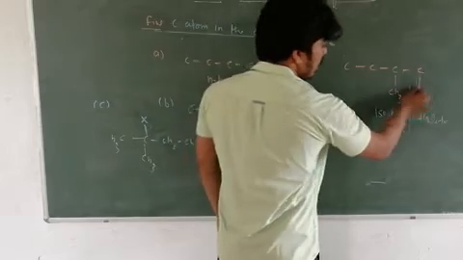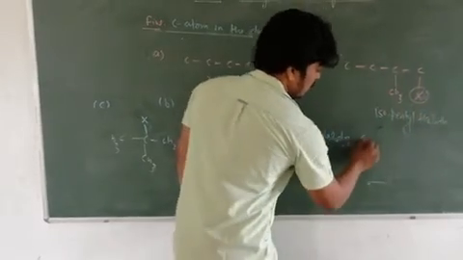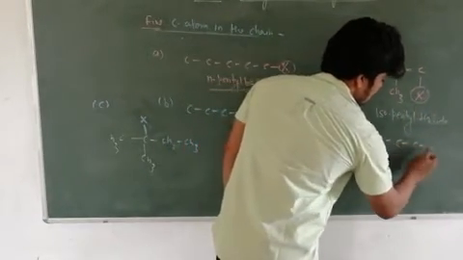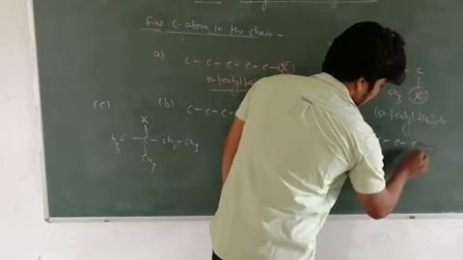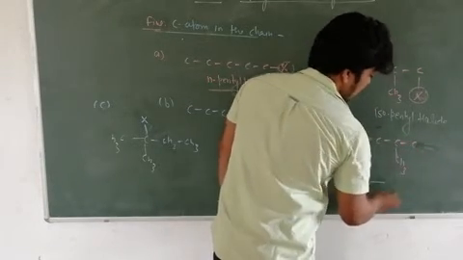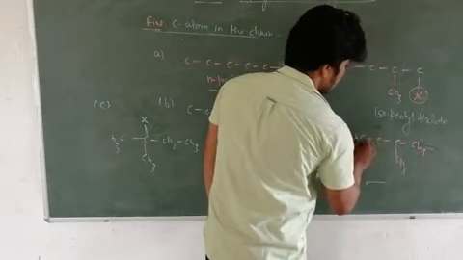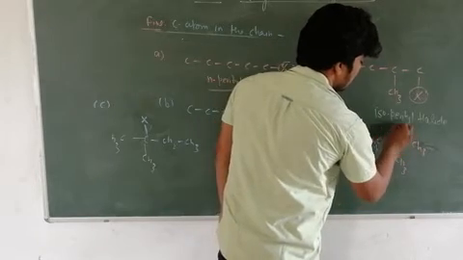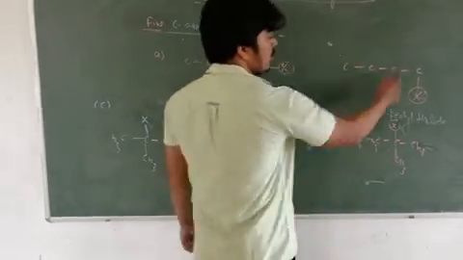If we add halogen on the second position, this one is the chain, this is the branching CH3, meaning this is the CH3, and here is the halogen, on the second position.